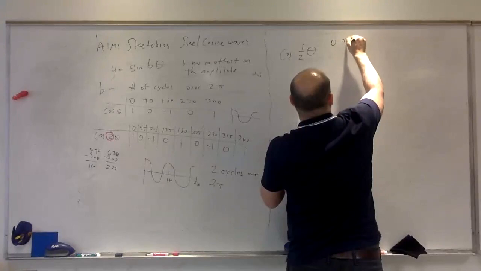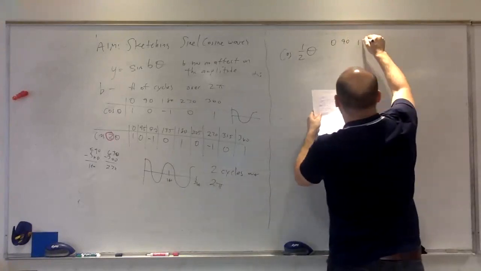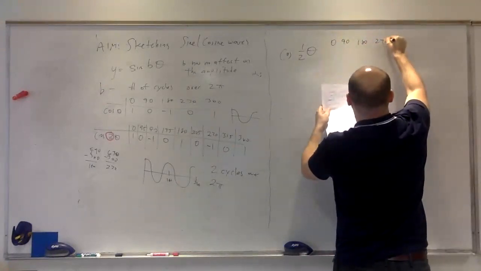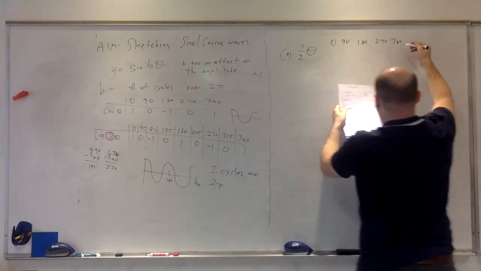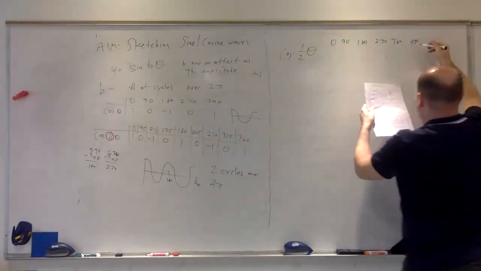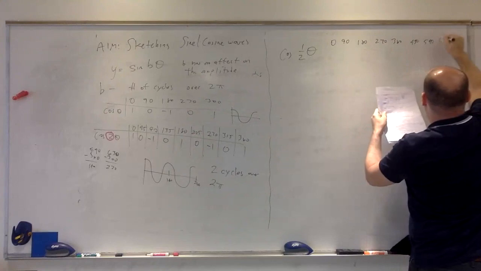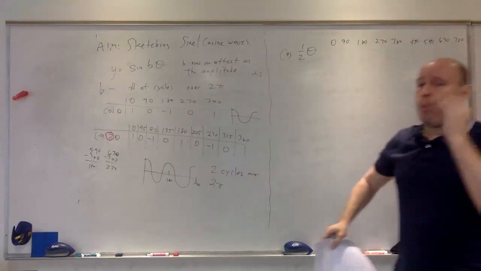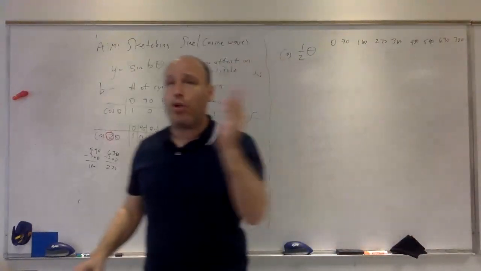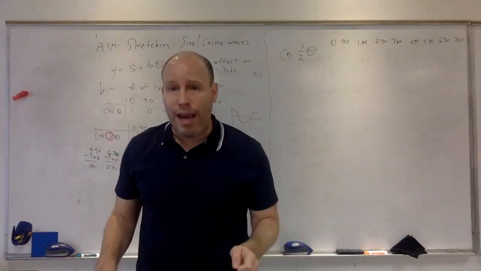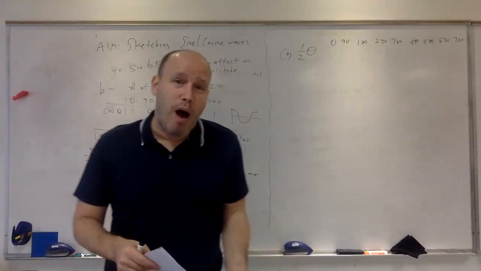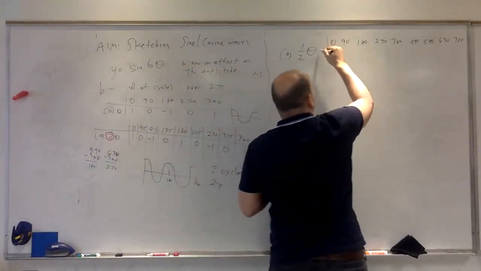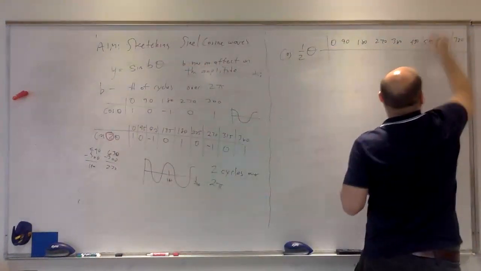Let's do 0, 90, 180, 270, 360, 450, 540, 630, and 720. Please remember, we want to know what's happening from 0 to 2 pi. What part of the wave is occurring from 0 to 2 pi? Well, let's make our table.